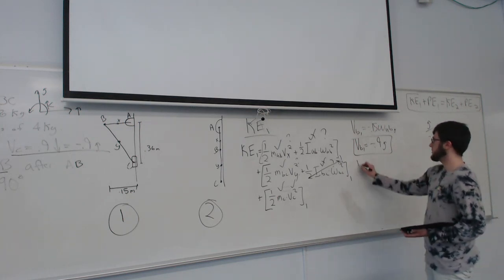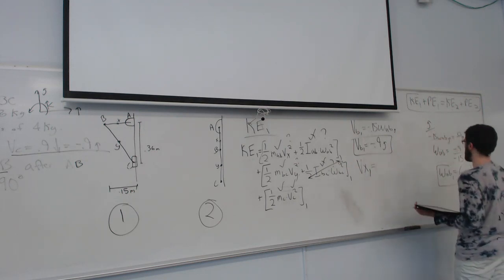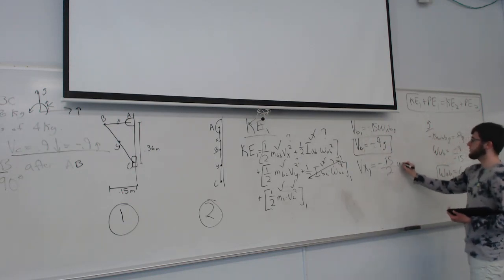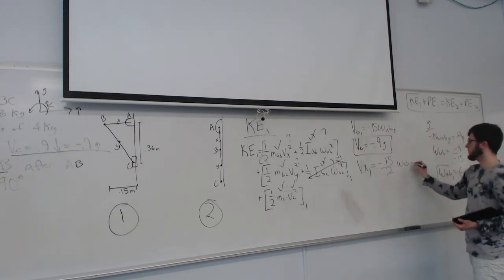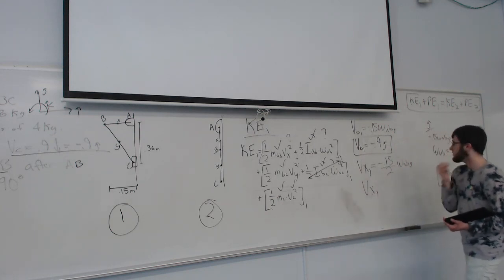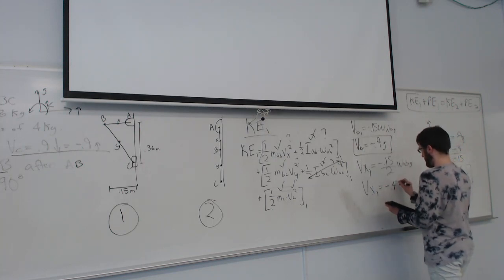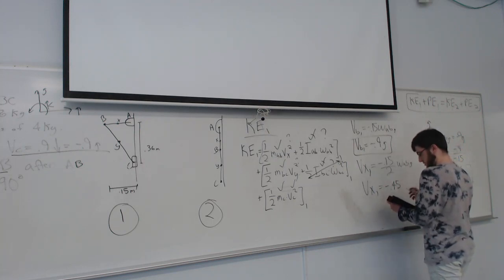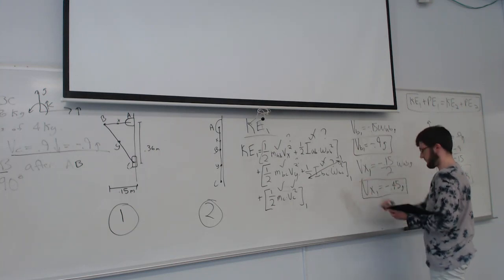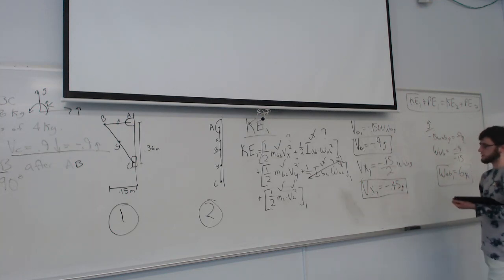So velocity of x at 1, we had it earlier, it was just negative 0.15 over 2 times omega AB in the j. So doing the computation, that's that.